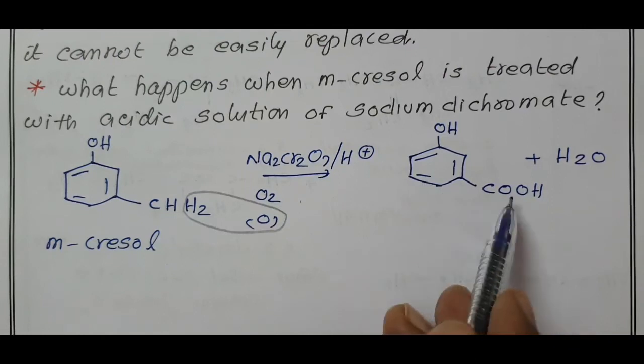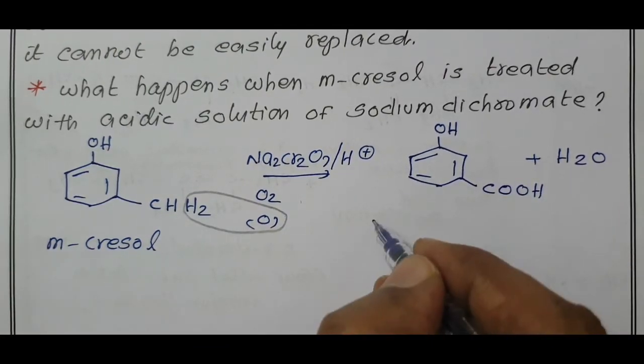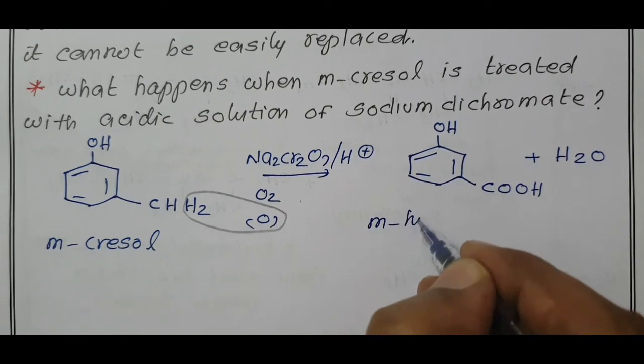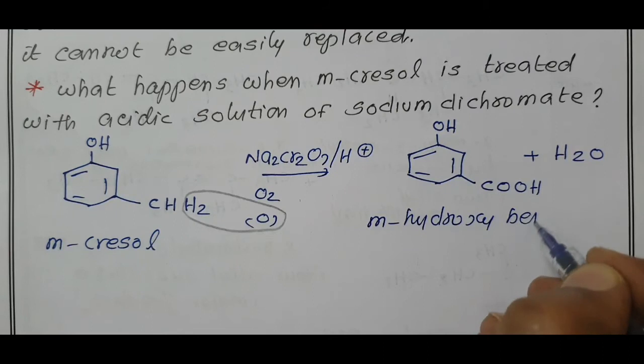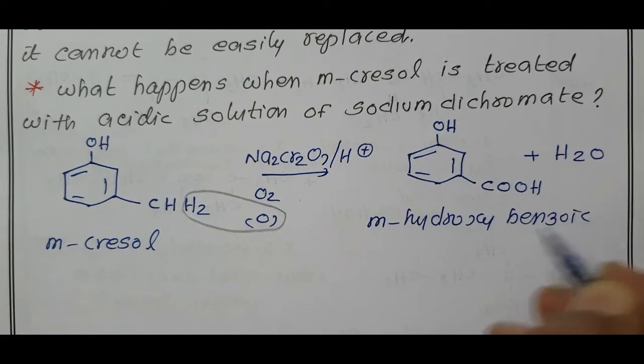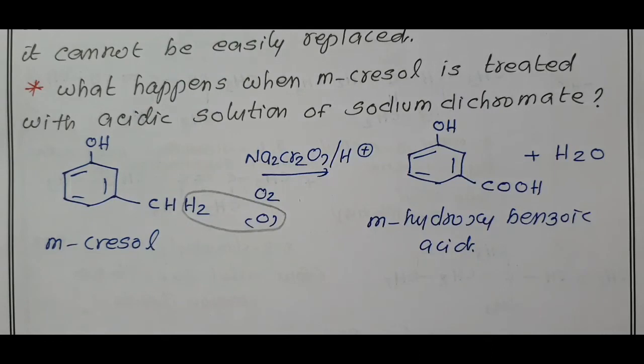C6H5COOH is benzoic acid. In benzoic acid, at the meta position we have a hydroxy. Therefore, meta-hydroxy benzoic acid is obtained when metacresol is treated with acidified sodium dichromate.